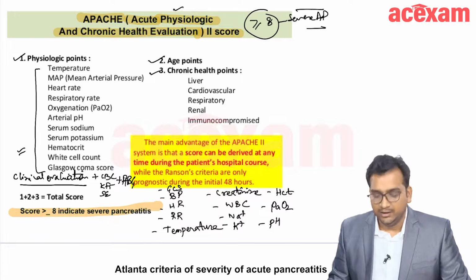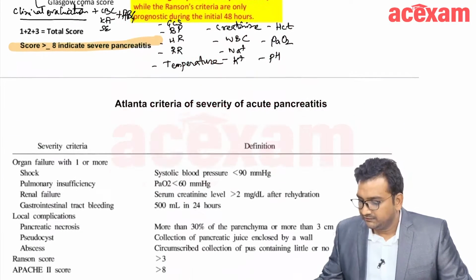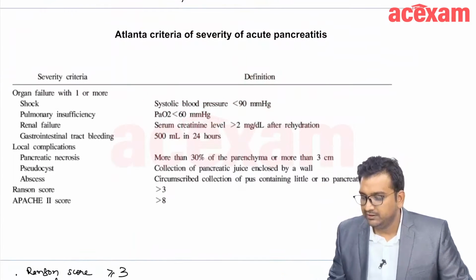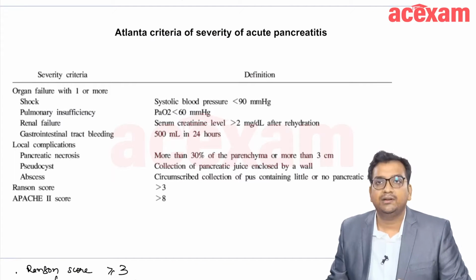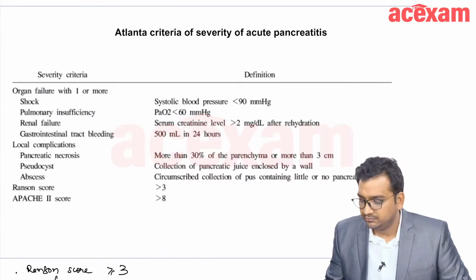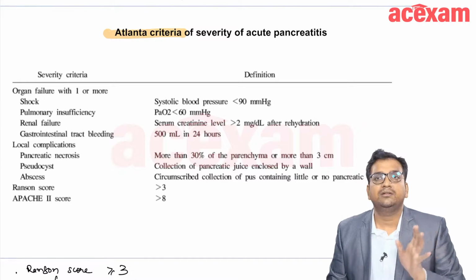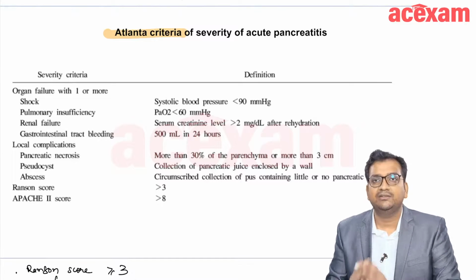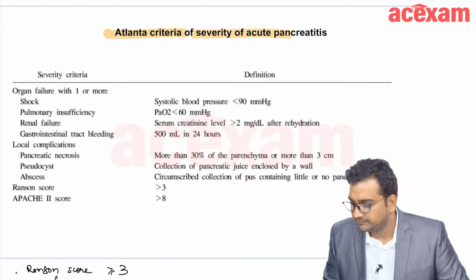Now, the Atlanta classification was used previously to assess the severity of acute pancreatitis. So from the MCQ point of view, Atlanta criteria is to assess severity of acute pancreatitis.